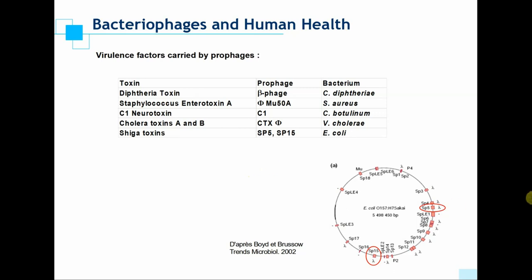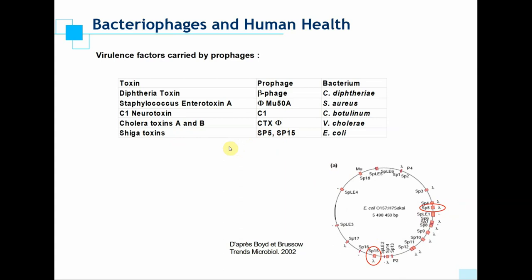So all of these pathogenic bacteria, some of their important virulence factors are carried on prophage, often exotoxins. And this is one that you will have seen already in the TD: enterohemolytic Escherichia coli is extremely dangerous because it has these two prophage that allow the bacterium to express these Shiga toxins.